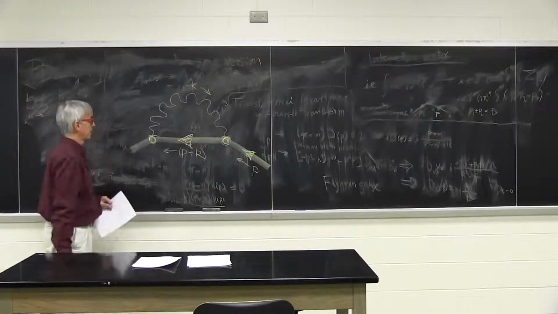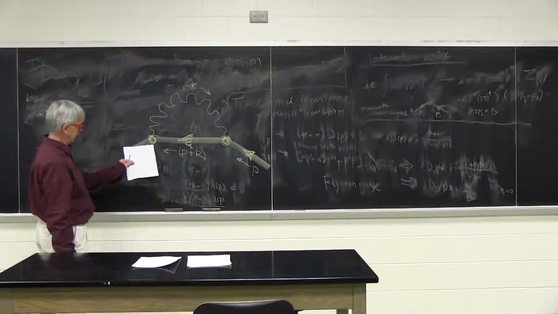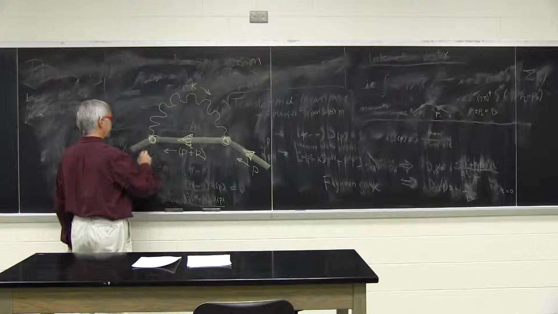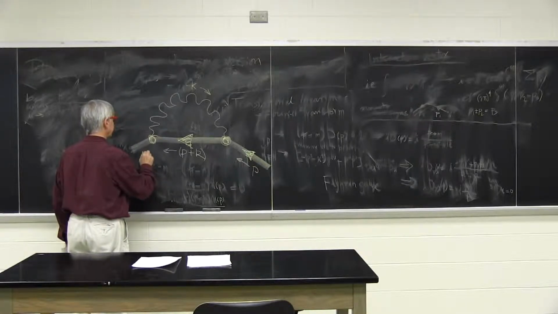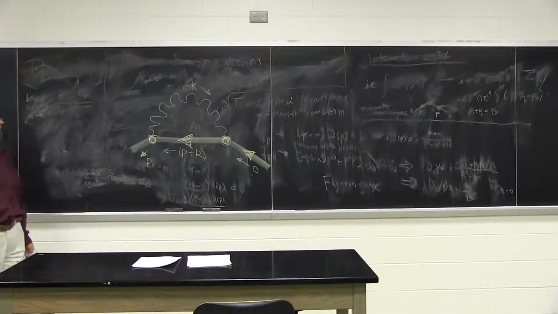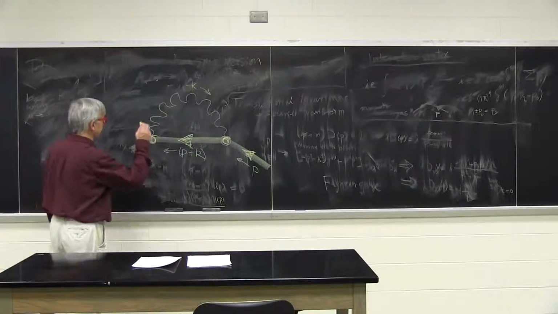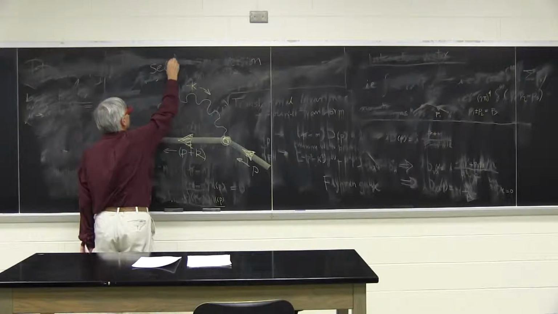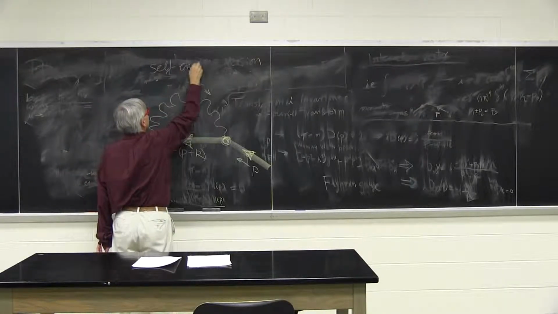And when they come out, adding P plus k and minus k, we come out with the same momentum. So that's the first virtual correction to the electron, and it's called electron self-energy.